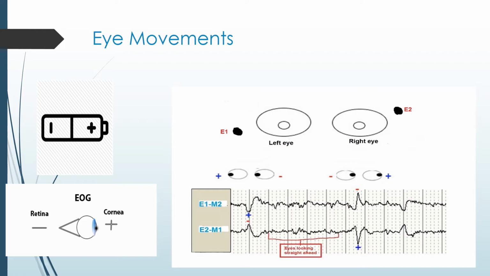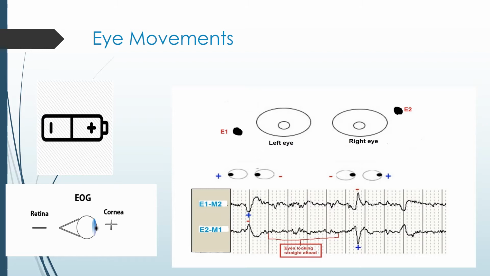At the same time, the eye's retina is moving closer to the right EOG electrode. This makes the output of the electrode, or what we see in our channel, more negative. When we say negative in EEG or in our sleep recording, this means our pens are actually moving upwards and making an upward deflection.